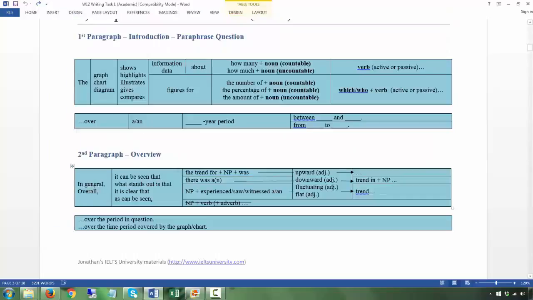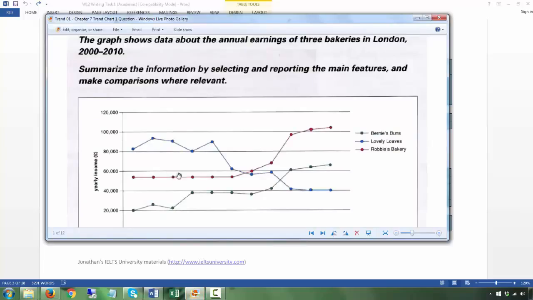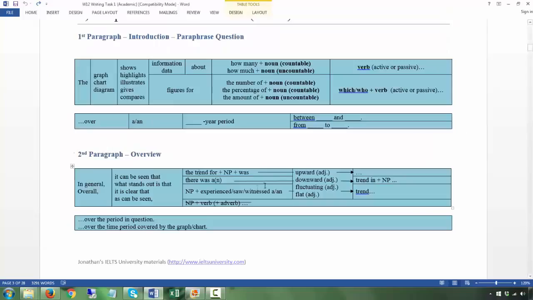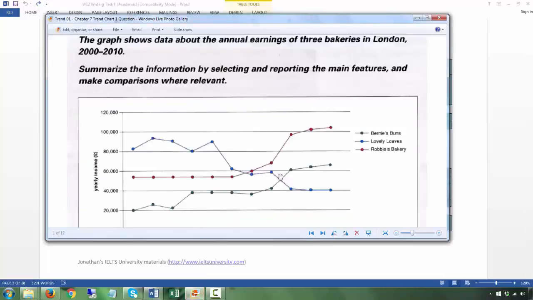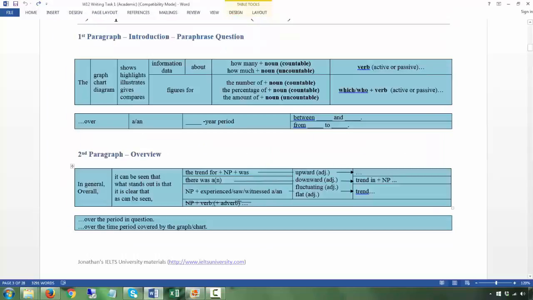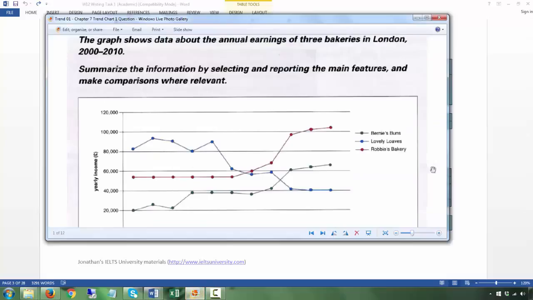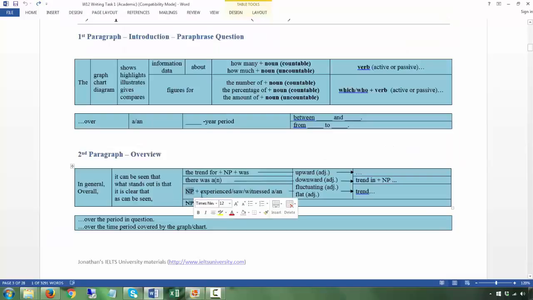So you could say, in general, it can be seen that the trend for the yearly income of Robbie's Bakery and Bernie's Buns was upward, while the annual income of Lovely Loaves experienced a downward trend.